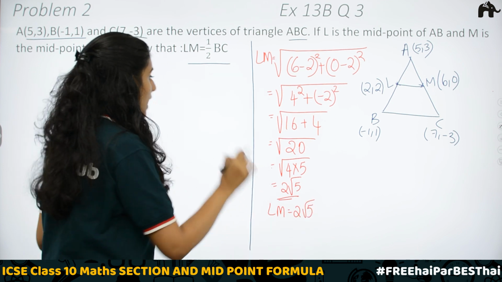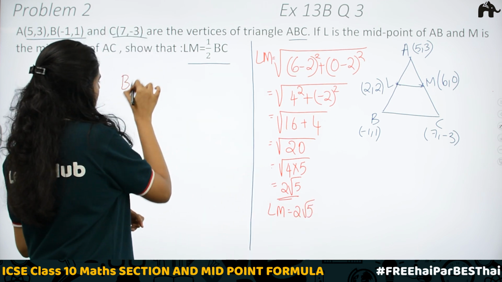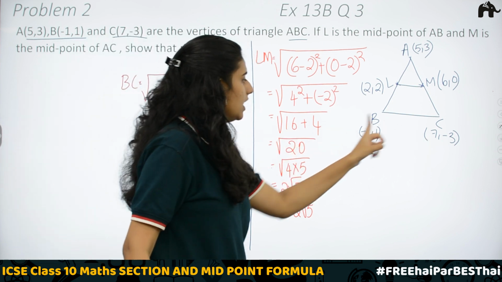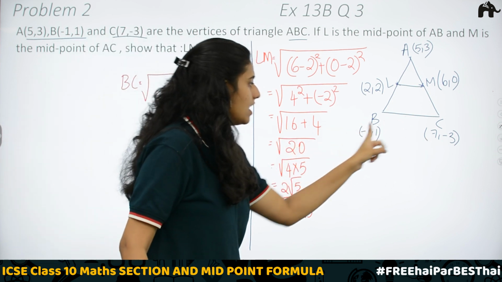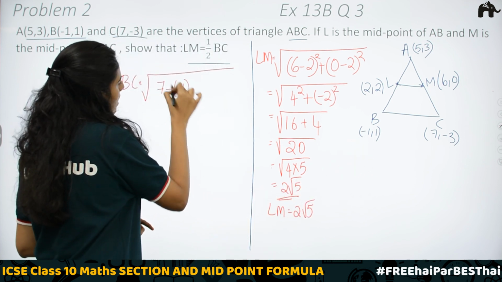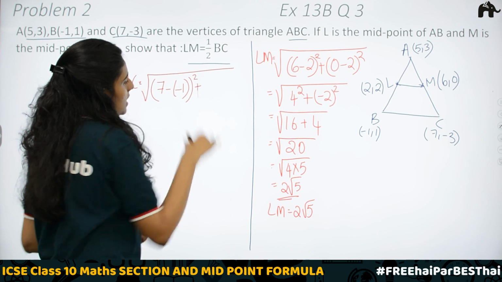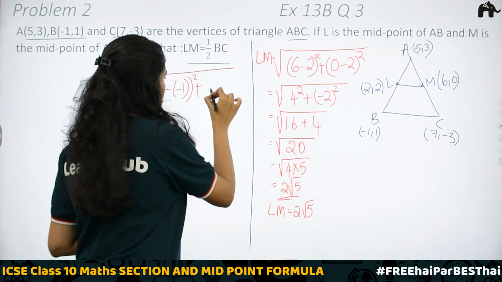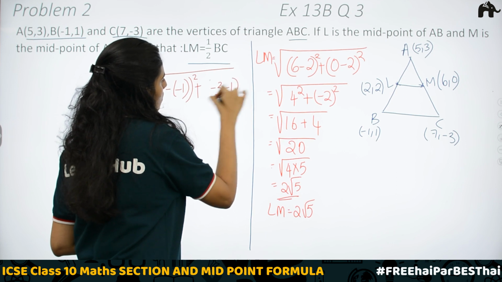Now we need to find the length BC. BC is again equal to root of second point x coordinate minus first point's x coordinate, 7 and minus 1. 7 minus 1 whole square plus y coordinates. Here we have minus 3 and this is 1. Minus 3 minus 1 whole square.